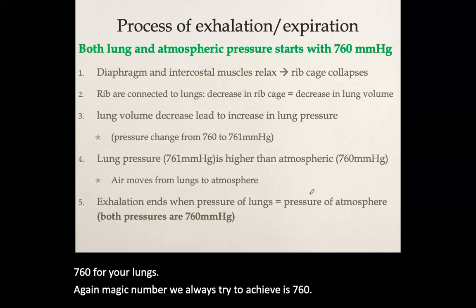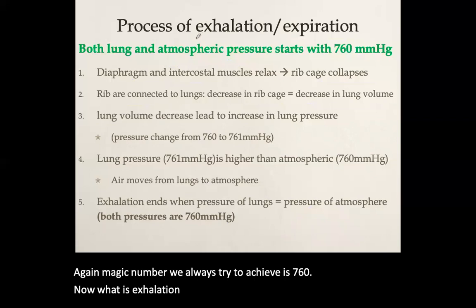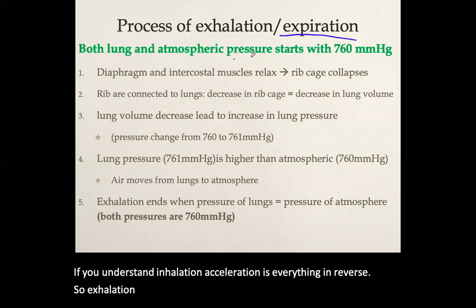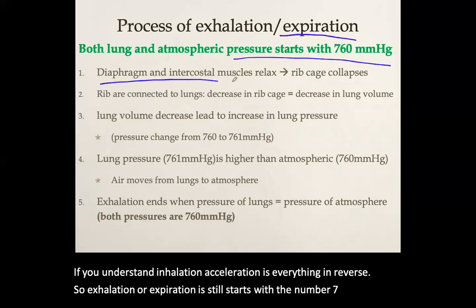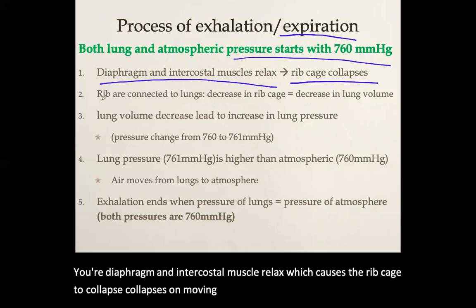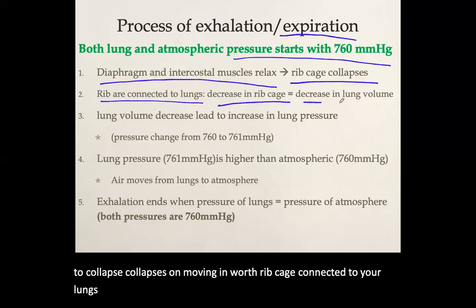Now, what is exhalation? What is happening in exhalation? If you understand inhalation, exhalation is everything in reverse. So exhalation or expiration still starts with the number 760. Your diaphragm and intercostal muscles relax, which causes the rib cage to collapse. Collapse as in moving inward. Rib cage connected to your lungs, so a decrease in rib cage causes a decrease in your lung volume, right? It's pushing the lung inward.